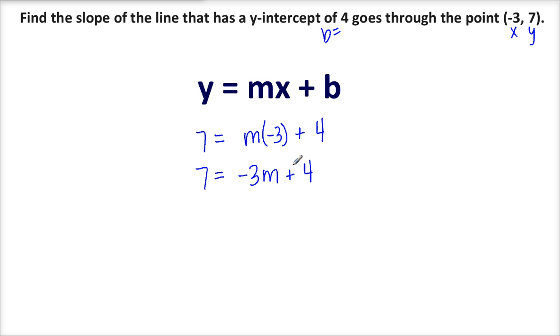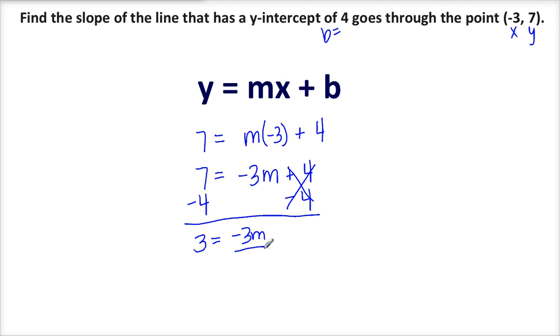First thing I'm going to get rid of is this plus 4. Combine it with its 0 pair, which is a minus 4, and do the same thing on both sides to keep it all balanced. 7 minus 4 is 3, and then this equals -3m, and a plus 4 and a minus 4 combine to be 0.